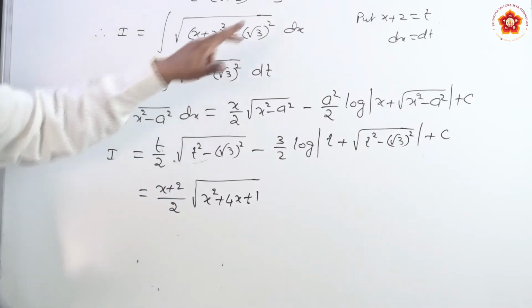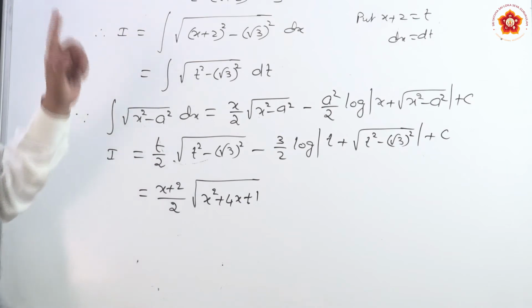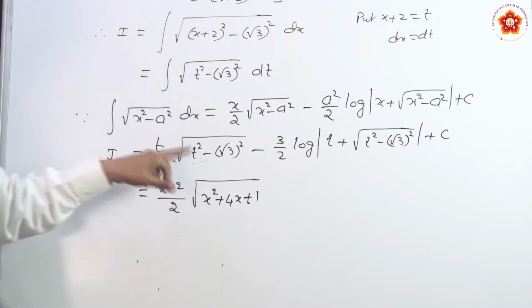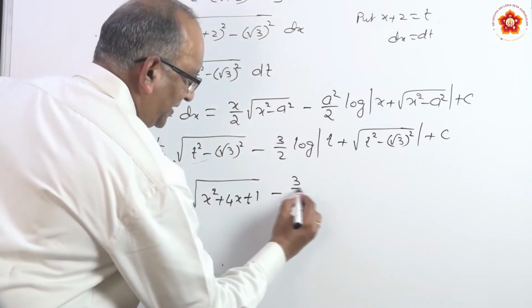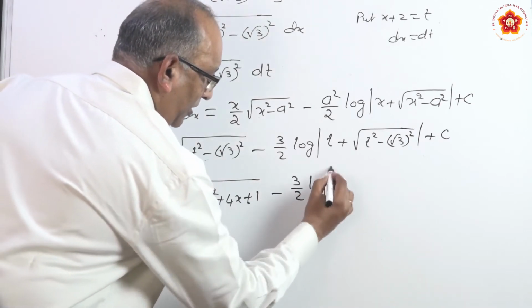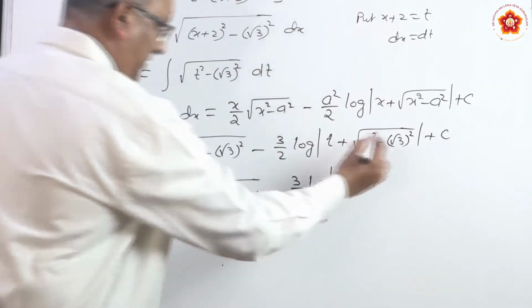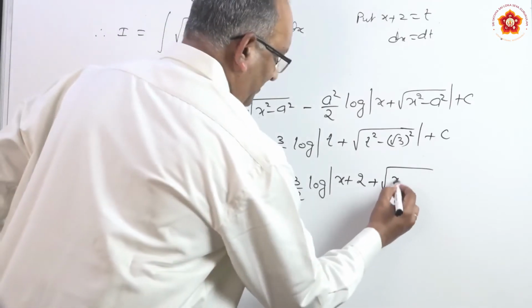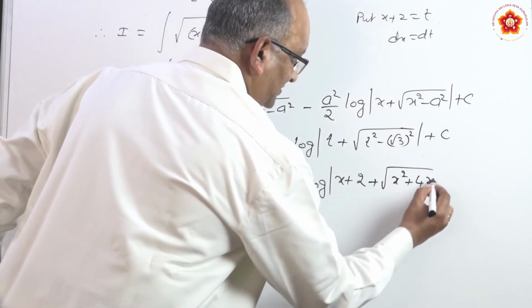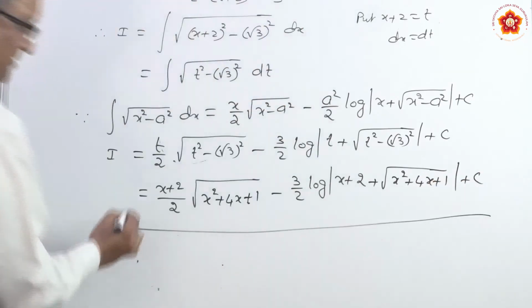In place of t, if you write x plus 2 whole square, you will get x square plus 4x plus 4. 4 minus 3 will become 1, minus 3 by 2 log x plus 2 plus again same situation. So it is under root of x square plus 4x plus 1 plus c. This is the answer.